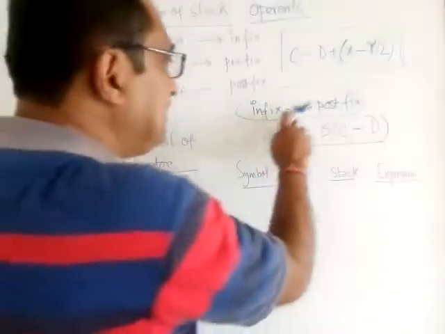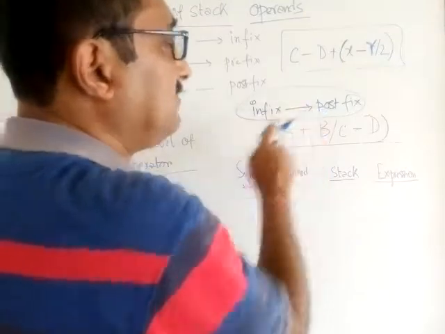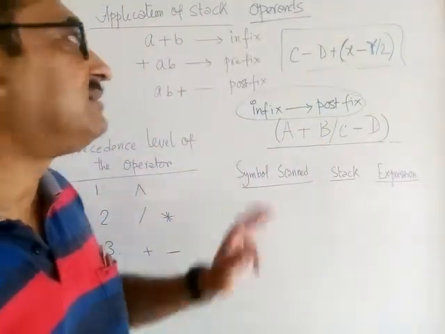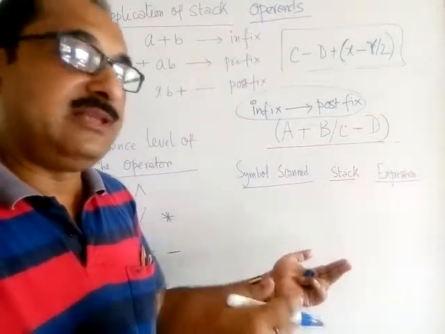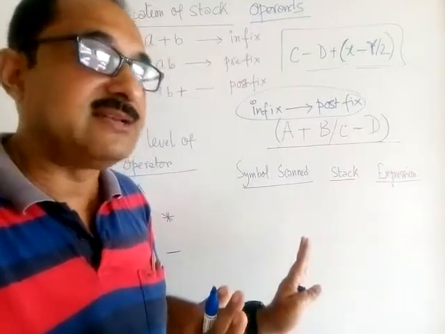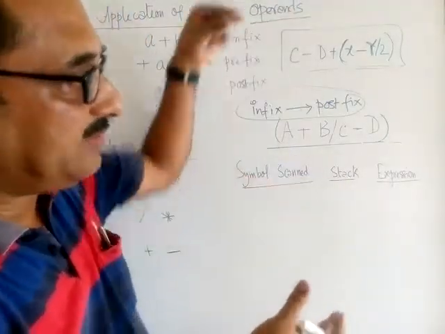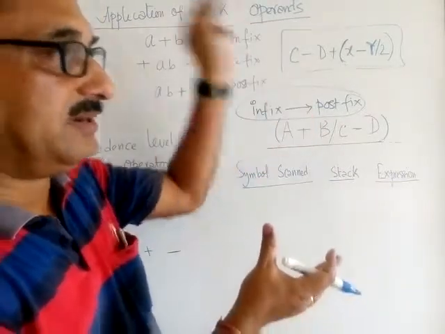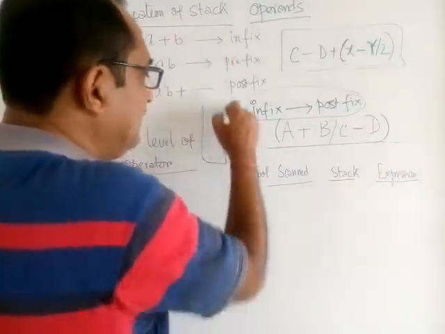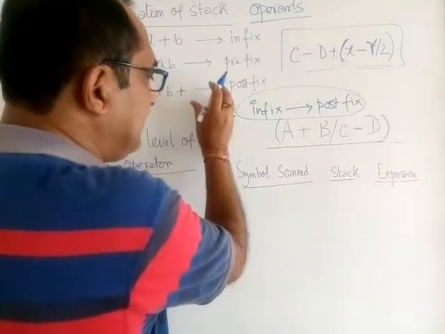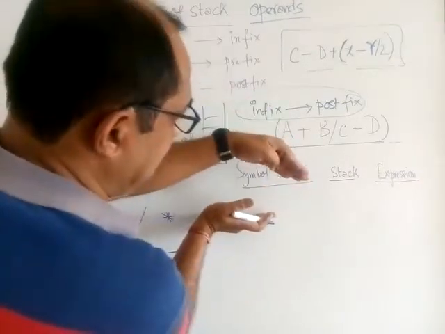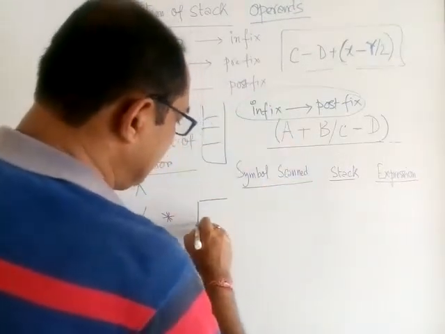Now, when we do this conversion, we will make use of the concept of stack. So by now we are clear about the stack. Stack is basically an orientation where you can insert from the top end and delete also from the top end. Now imagine the stack, we normally draw it like this. Now I made it like this. Fine. So in that case my stack will look like this.